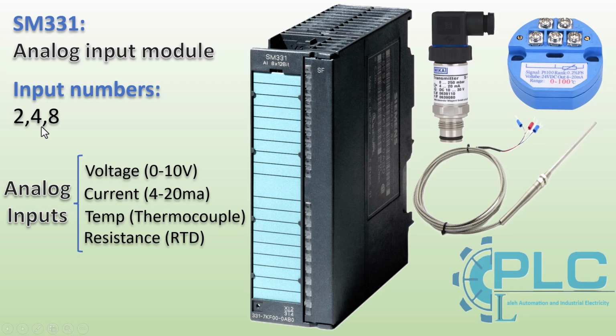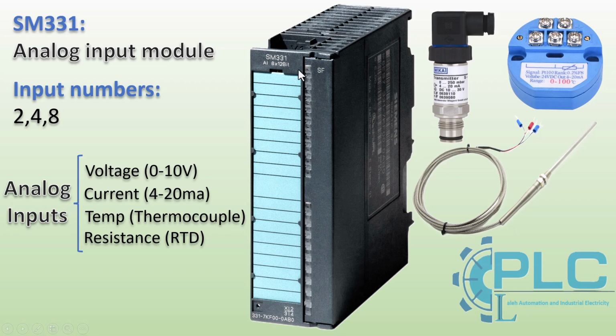The resolution of an analog input module is a crucial factor that determines the precision with which analog signals are measured. Resolution is measured in bits, and the SM331 module typically offers 12-bit, 13-bit, 14-bit, or 16-bit.